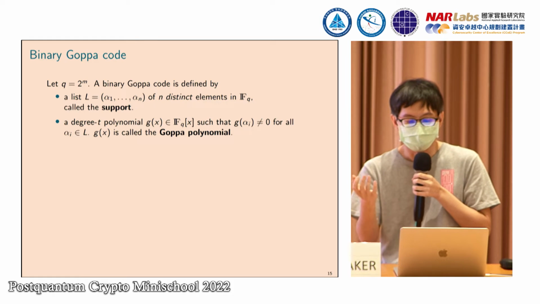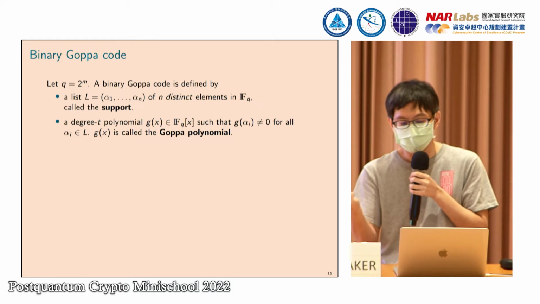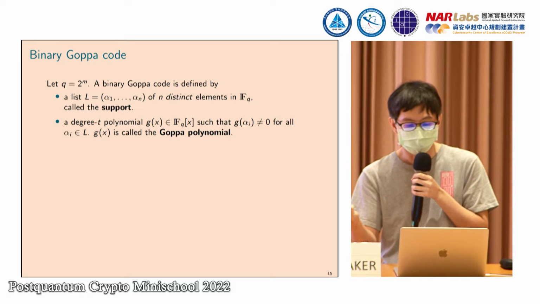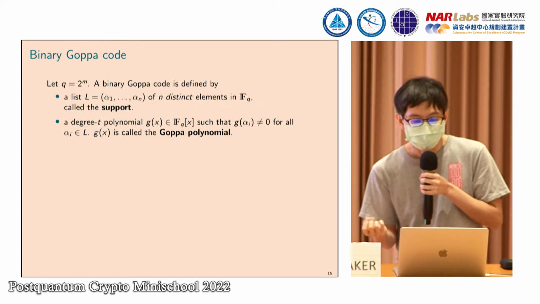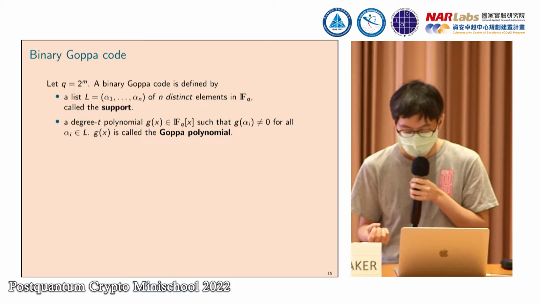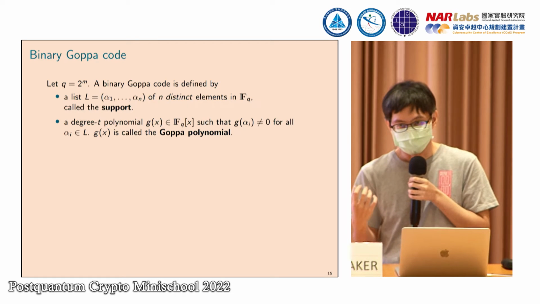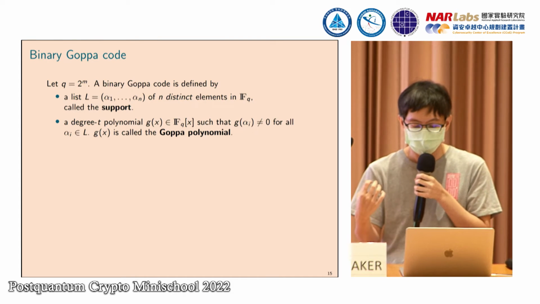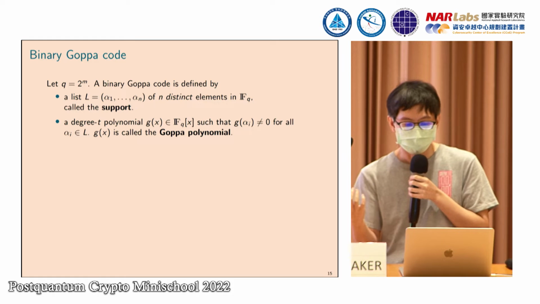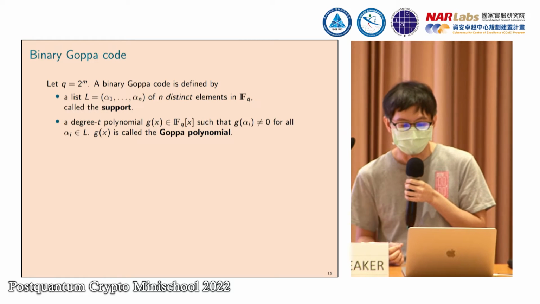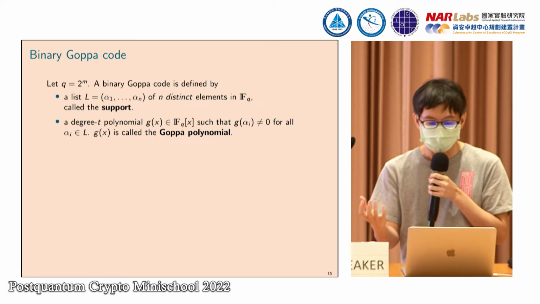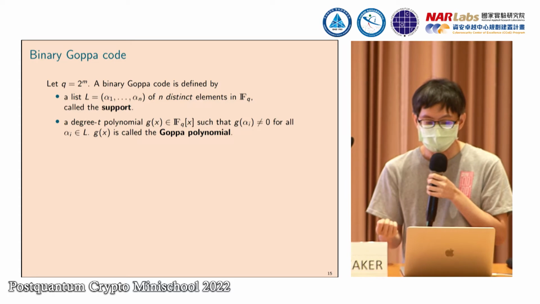What kind of code, when you use it in McEliece or Niederreiter, can result in a secure crypto system? And for some reason, McEliece, even though it was more than 40 years ago, still managed to pick the right option, because the binary Goppa code is still not broken today.